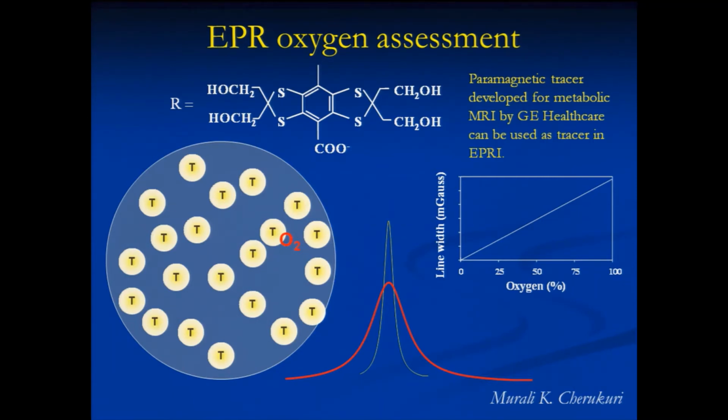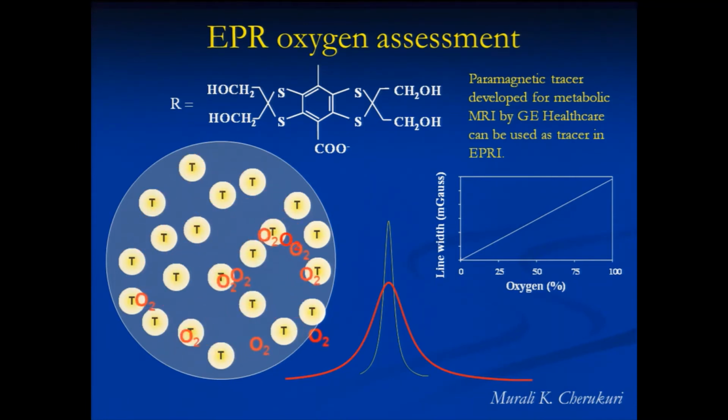The Cherukuri group at the NCI is doing this EPR oxygen method, using a paramagnetic tracer. In the presence of oxygen, the line width of the tracer broadens proportionally with the level of oxygen.